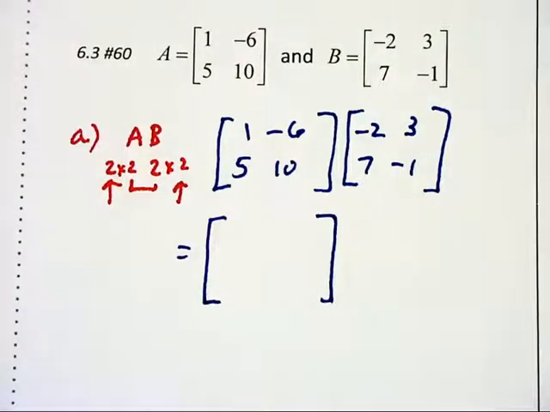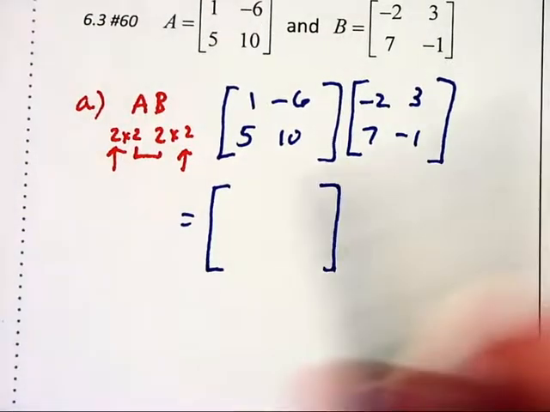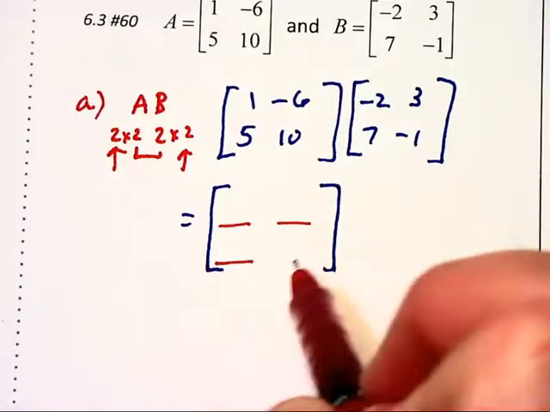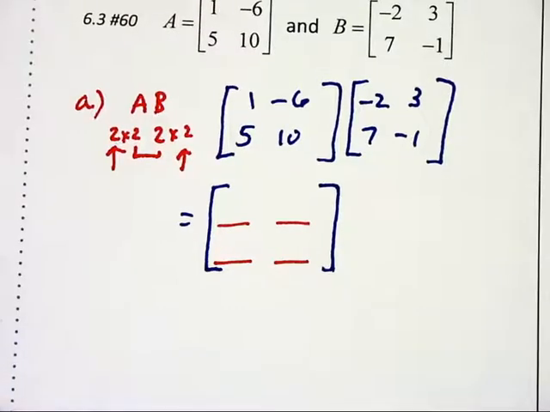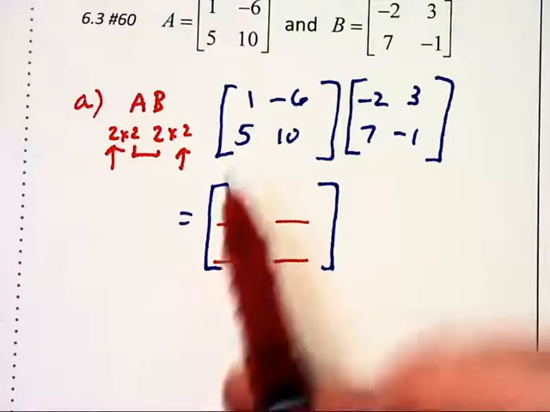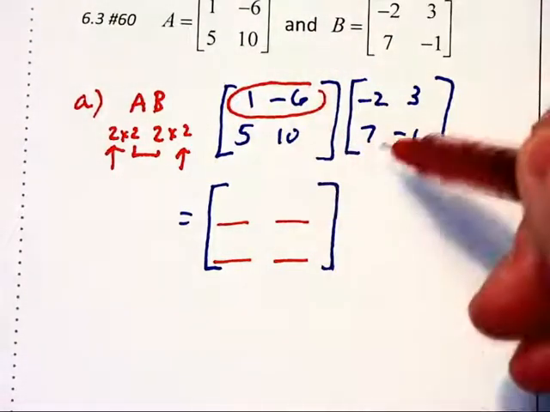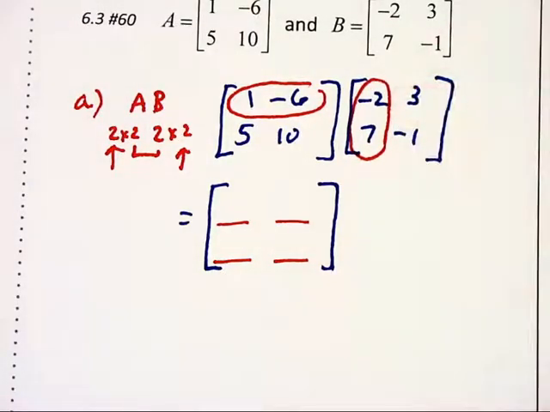Now, you've got to be very careful here. There are 4 positions that we need to fill in, and what we want to do is name almost out loud what we're trying to find. Here we have row 1, column 1. We want to take row 1 from the first matrix and column 1 from the second matrix and do what's called the dot product.